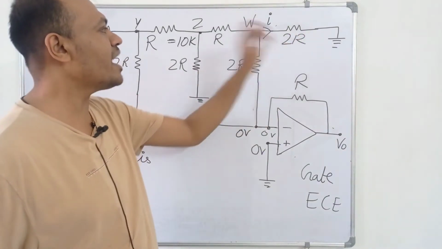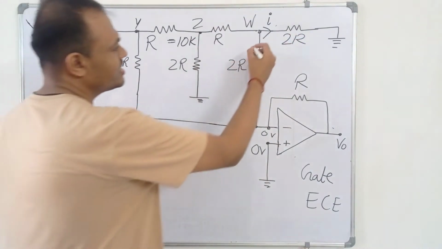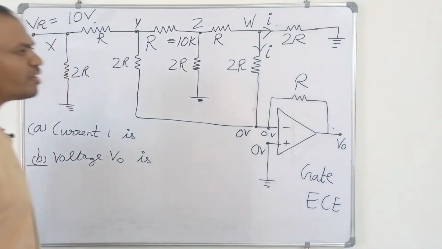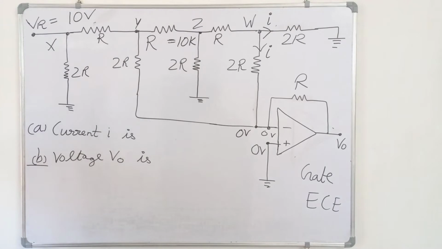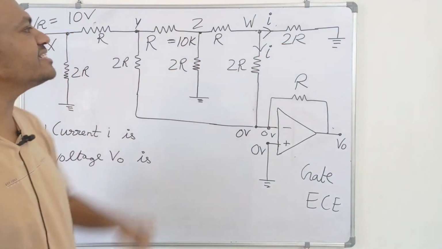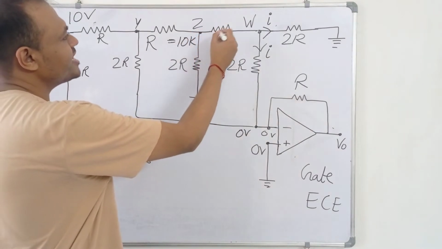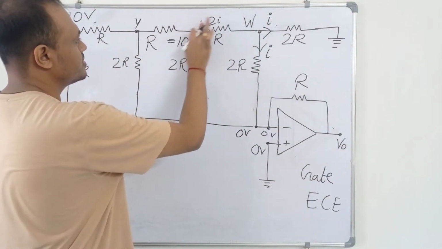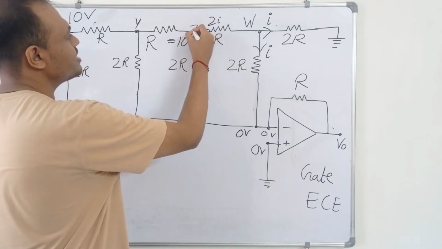So these two are at the same potential. If this current is I, then the current flowing into this 2R resistance will also be I only. So this is I, this is I. So this current must be equal to 2I.